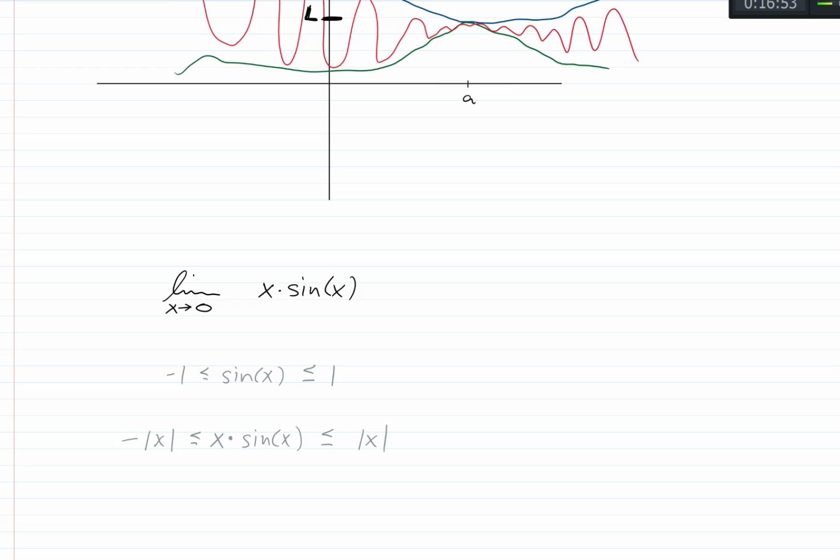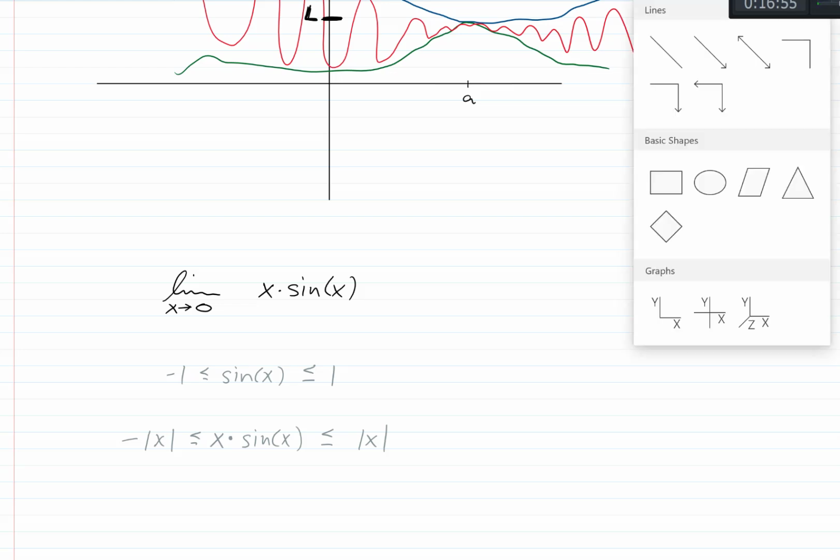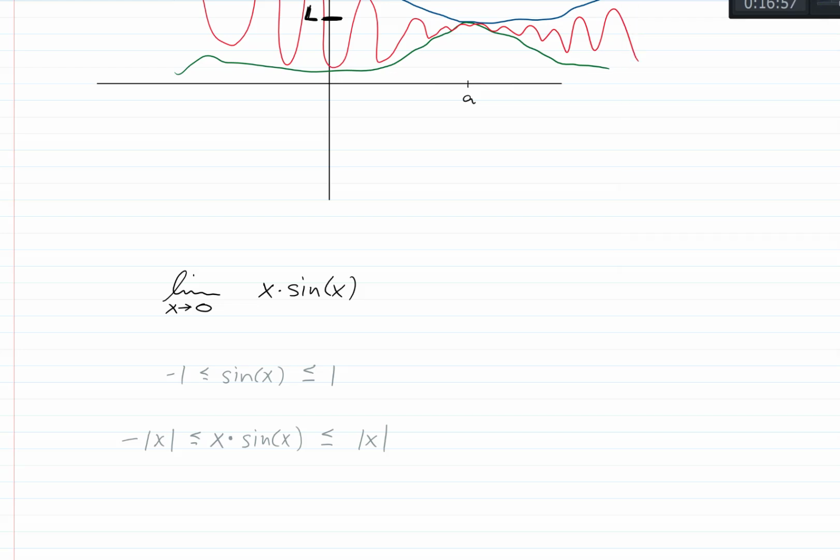In fact, it looks like this. I can actually graph it for you. Here's the absolute value of x. Looks like that. Negative absolute value of x looks like this.